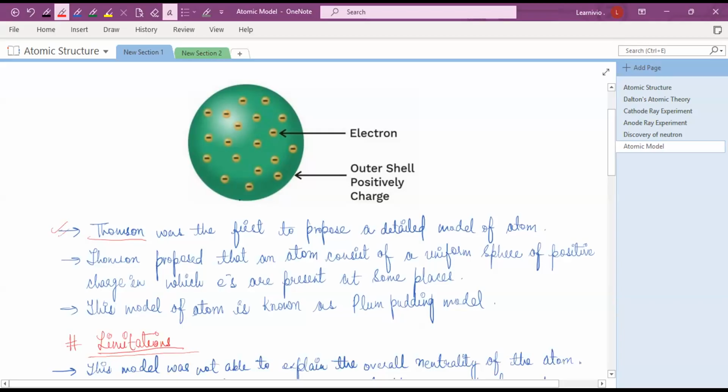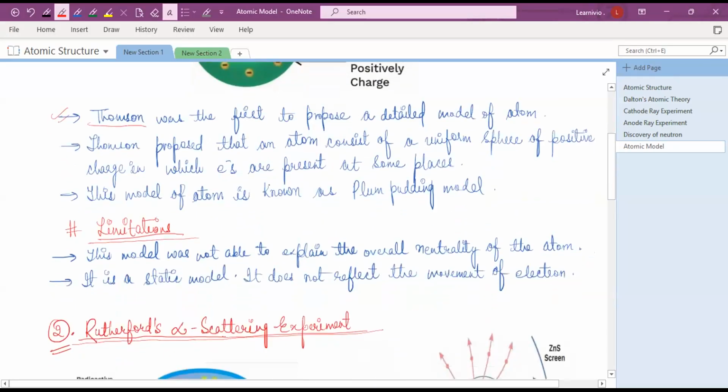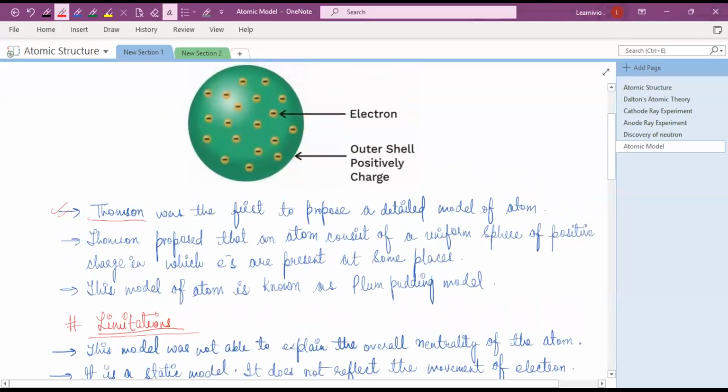He proposed that the atom may be regarded as a sphere, which consists of a uniform sphere of positive charge in which electrons are present at some places, right? This model is also known as the plum pudding model, or the watermelon model. Why watermelon model?